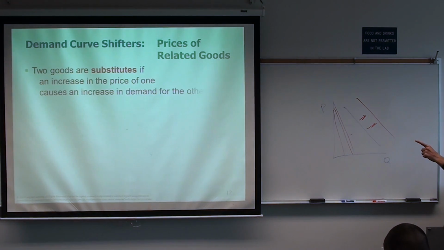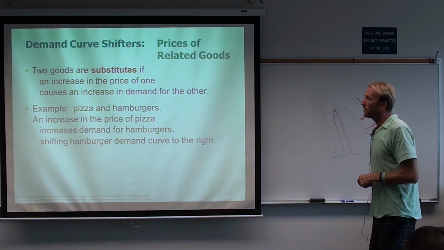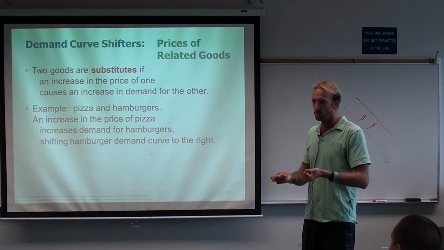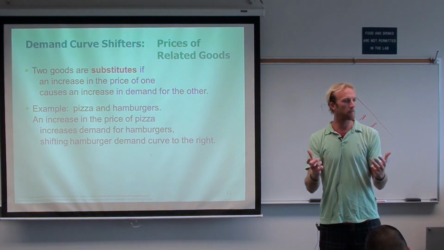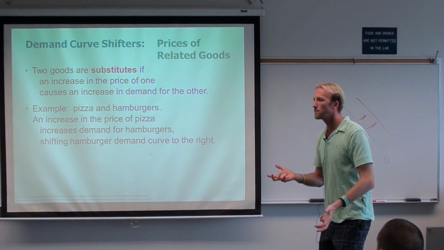Think about this, right? I have these things called substitutes. So if two things can substitute for each other, maybe lattes and Red Bulls, right? If I'm just trying to get caffeine, lattes and Red Bulls are good substitutes for each other, right?